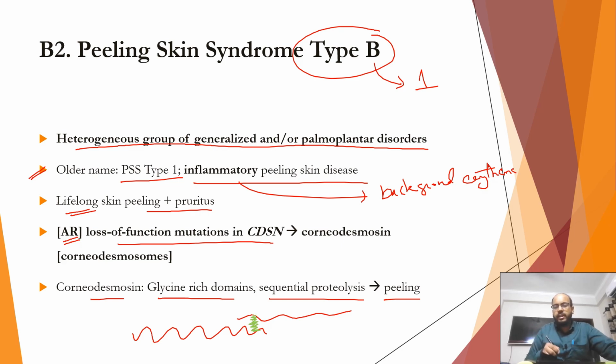And slowly, glycine undergoes proteolysis, and because of that, the glycine residues are removed from corneodesmosin. And when these glycine residues are removed, the attachment becomes looser and they shed off. So that is how normally the skin is shed. But if corneodesmosin is mutated, it is not able to shed properly and you have thicker scales coming out lifelong. So that is the pathomechanism underlying peeling skin syndrome type B.